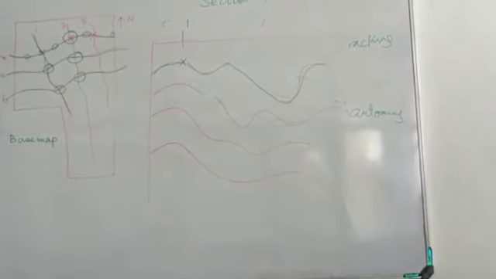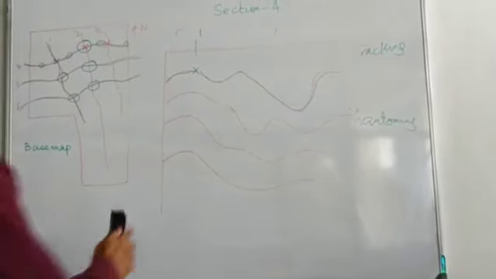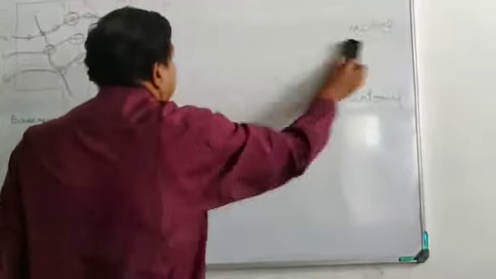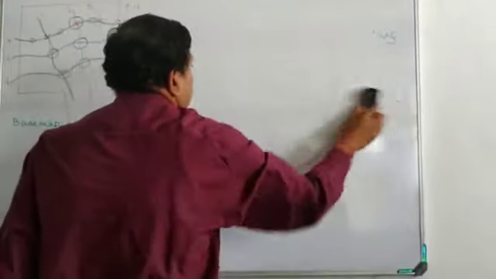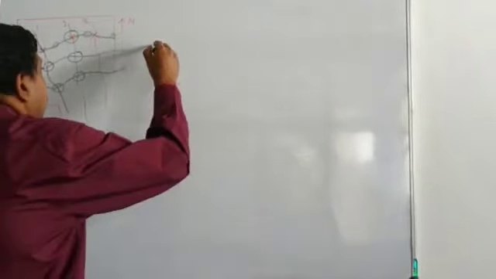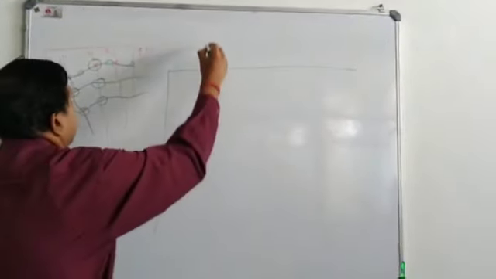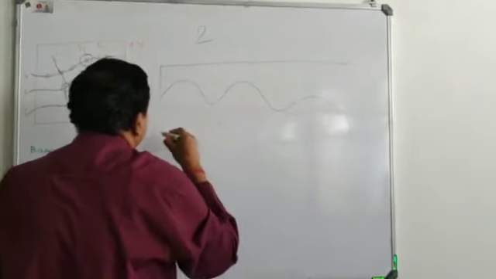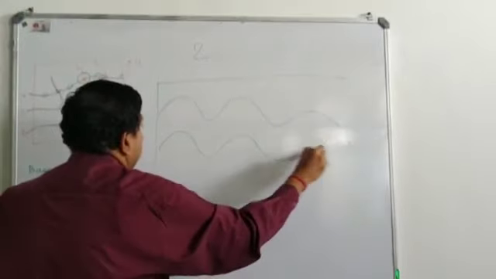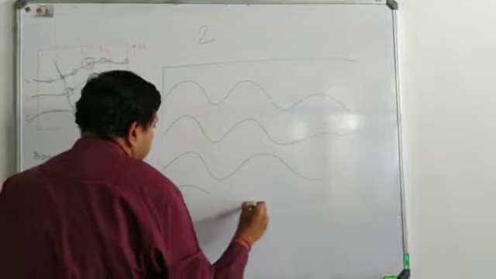So I will draw once again line number 2 to explain how the interpretation should be. I am drawing once again a section here which has 3 seeds. This is my line number 2, and I first draw the acoustic impedance boundaries just to make you understand that we were supposed to interpret 4 different horizons.